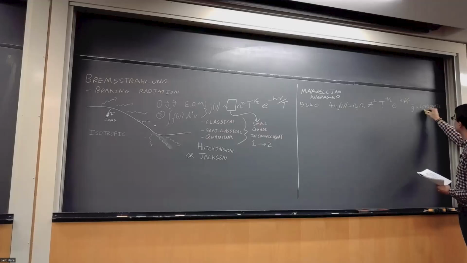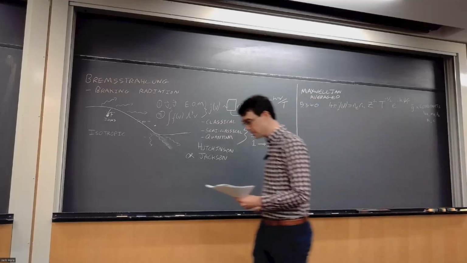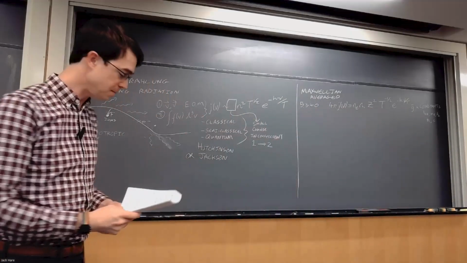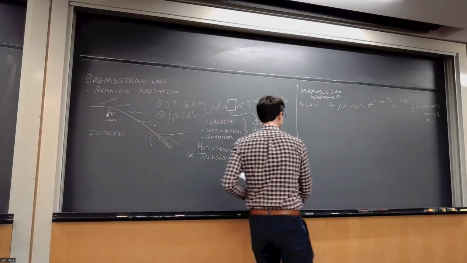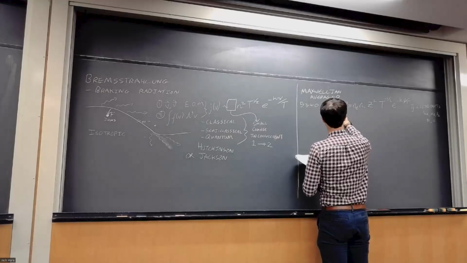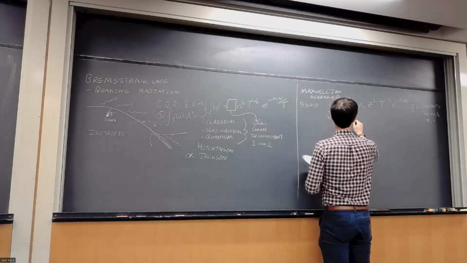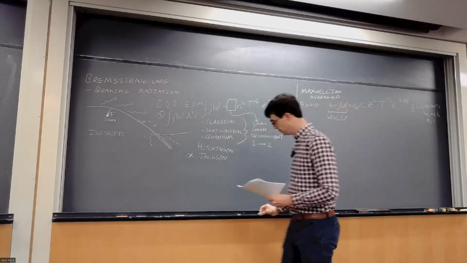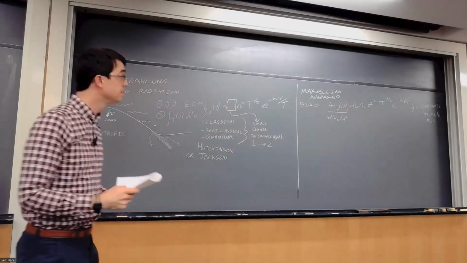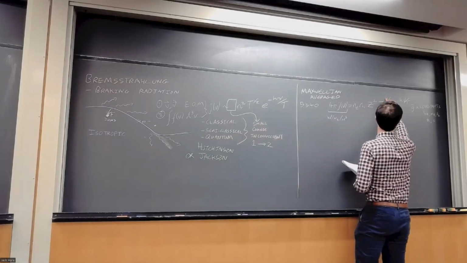And these constants are things like e, the electron charge, and the electron mass, and epsilon naught, and h bar, and c, all arranged in some way to make all the dimensions work. So I'm not going to go into it in too much detail. And this, therefore, has units of watts per hertz per meter cubed. It should be minus a half; my notes say otherwise, but it should be.